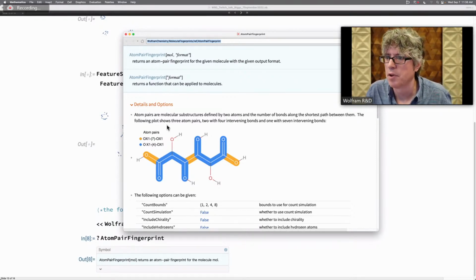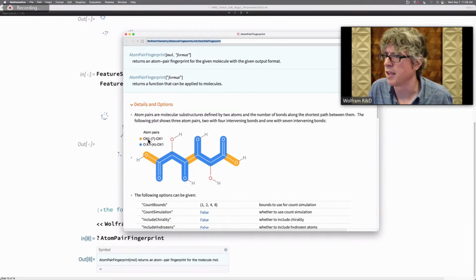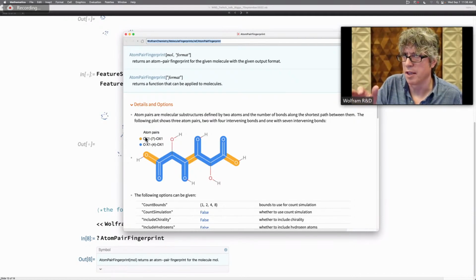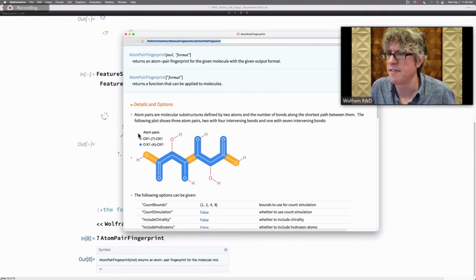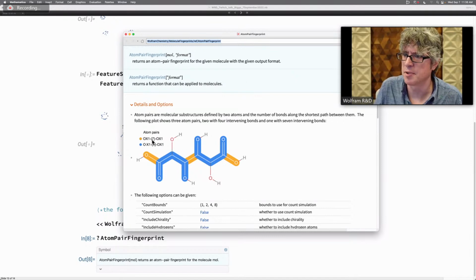In this case, we're looking at 2 different types of atom pairs. This is an oxygen with a heavy atom coordination number of one, meaning it has one bond to another heavy atom, with a seven-atom path in between. And then we have the same atom pairs, but with 4 atoms in between.